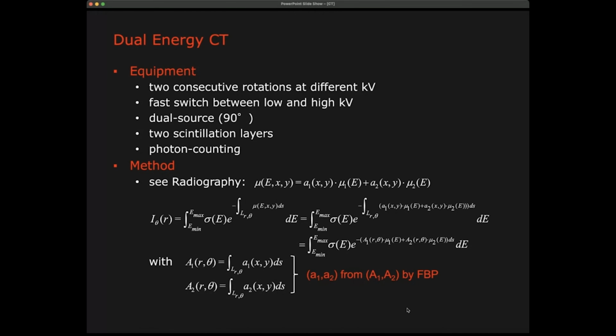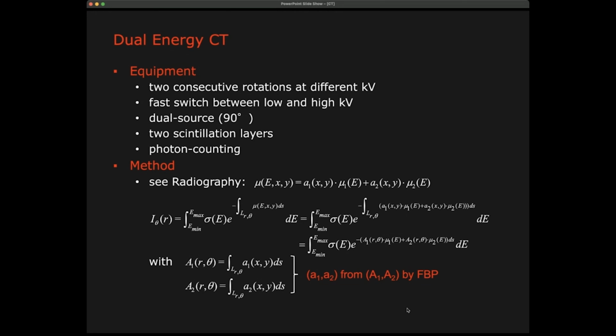So up to now, everything that I explained assumed that you would have either a single energy of X-ray photons, or that all energies would lead to the same attenuation. Neither of these is true. We don't have a single energy. As I said before, your X-ray source, your vacuum tube, is sending out a whole spectrum of X-rays, and the attenuation depends on the energy of the photon, so on the wavelength of the photon.